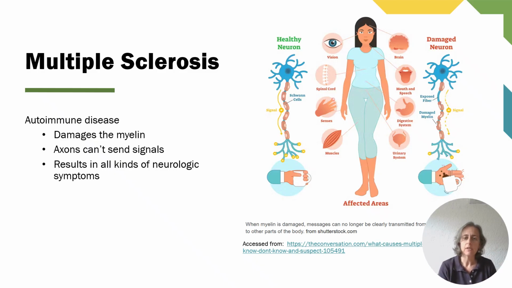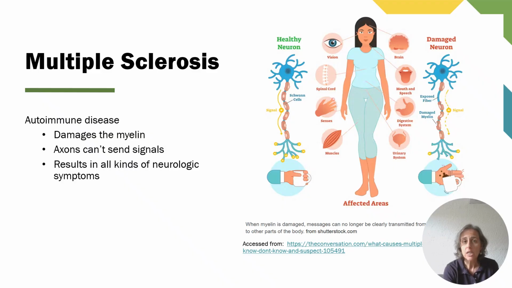So that's how our immune system normally works. But in an autoimmune disease, the immune system accidentally starts attacking some of your own body cells. And in multiple sclerosis, it starts attacking the cells that are producing and maintaining the myelin. So the myelin on the axon gets damaged, which results in the axons not being able to send signals.